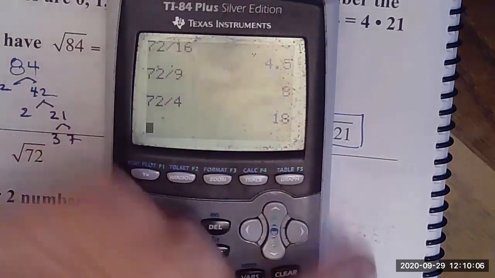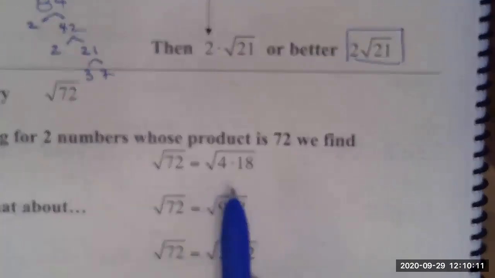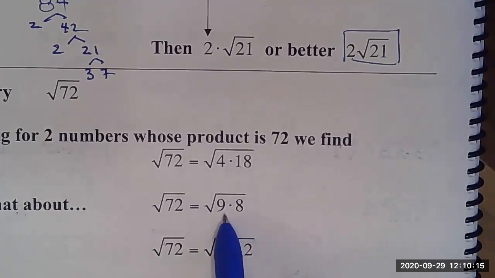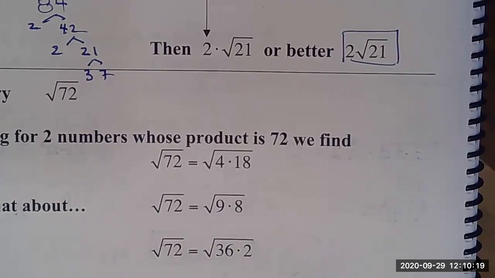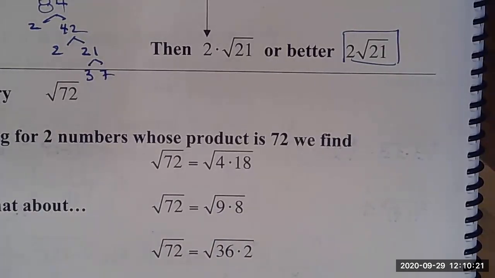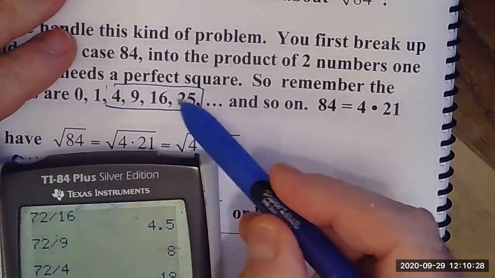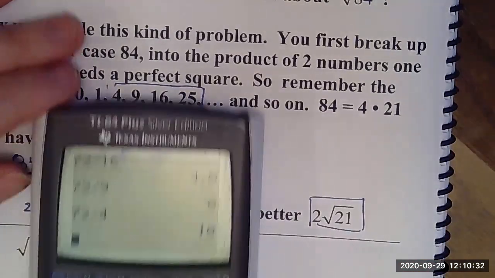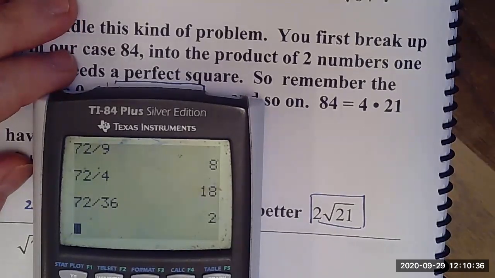So you could take them in pieces, which is what I did right here. I took the 4 times 18, and then there was a 9. So how about the product of those two? 9 and 4. Does 36 go into 72? That's what you would have tried. Even though up here I said, how about 4, 9, 20, and so on, it could have been 36 is the next one. So 72 divided by 36, and you find out 36 times 2.